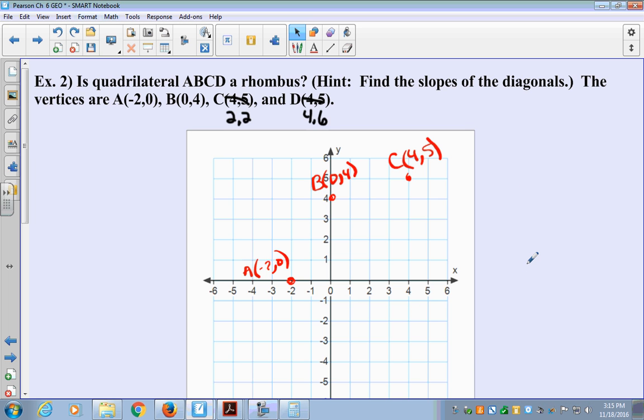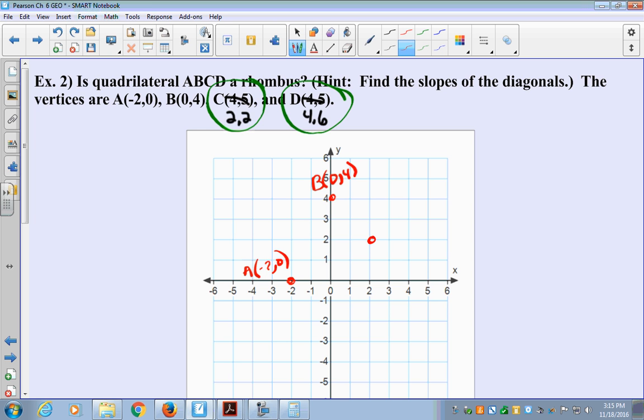Alrighty, so we have a little bit of a typo on your paper. So go ahead and change the C to 2, 2 and the D to 4, 6. And D is 4, 6.